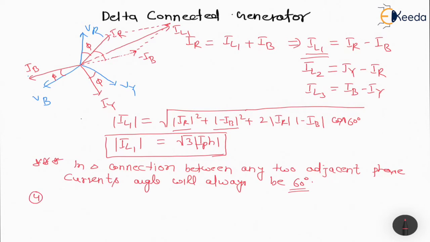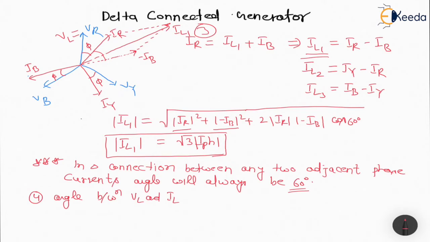Now another point, the fourth point, is the angle between VL and IL. This was the third point, I think I didn't mention it. So the fourth point is the angle between VL and IL. You can see from the diagram that VR is equal to line voltage also, because phase voltage is equal to line voltage, and VL and IL1.